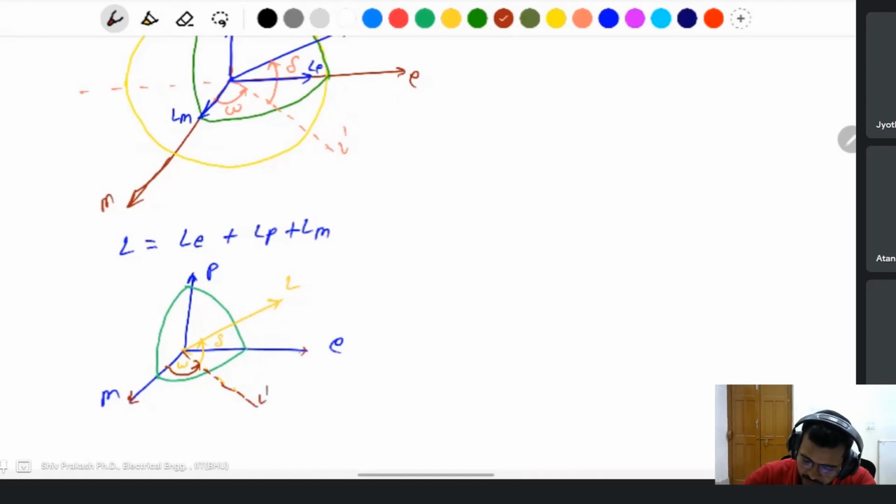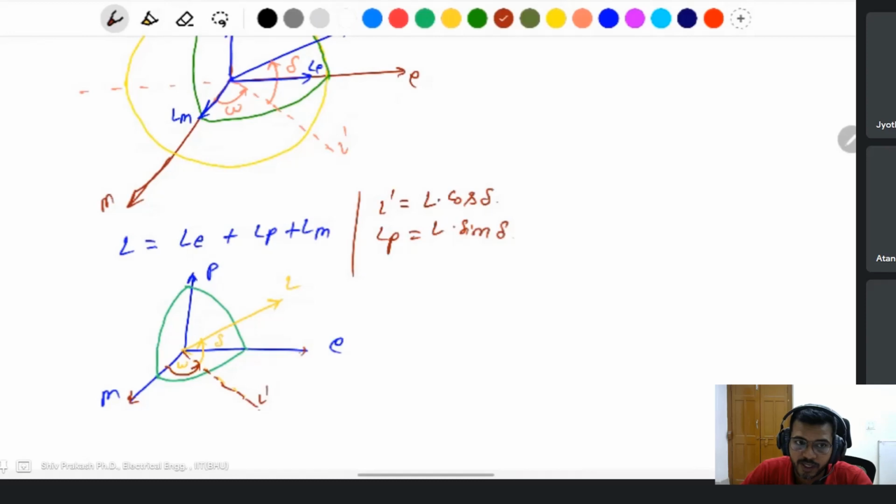Then L dash is defined as L into cos delta. And the same thing, LP is defined as L into sin delta, because the horizontal plane and polar axis are placed at 90 degrees.